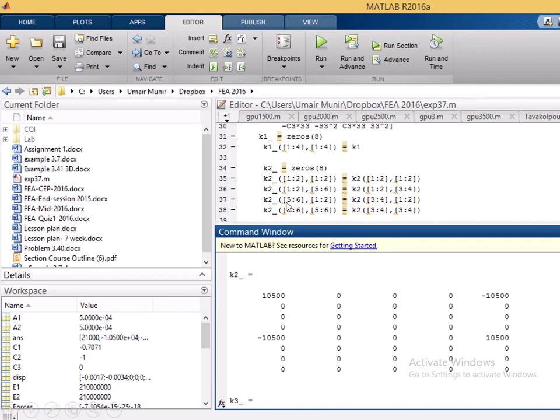Then in the third line, 5:6 means 5 and 6 column is here, and 1:2 means first and second row.